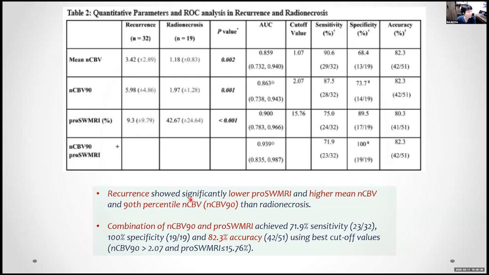It turned out that recurrence shows a significantly lower hemorrhagic portion and higher mean normalized CBV, or 90th percentile of the normalized CBV, as compared with radionecrosis. And the combination of the two resulted in approximately 82% accuracy in differentiating the two.